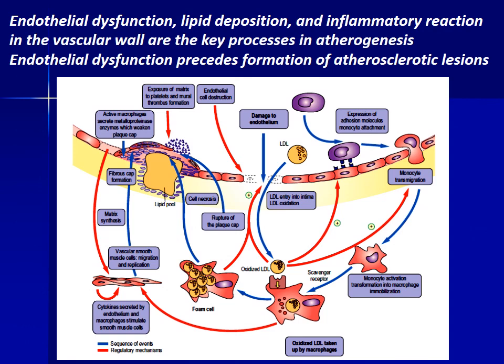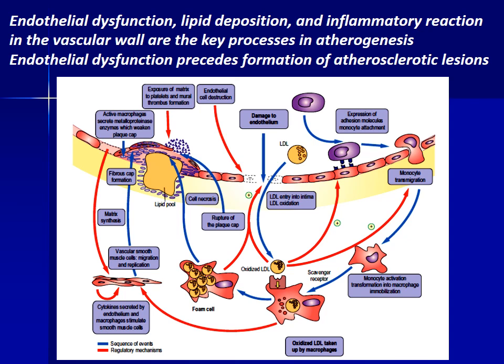Endothelial dysfunction, lipid deposition, and inflammatory reaction in the vascular wall are the key processes in atherogenesis. Endothelial dysfunction precedes formation of atherosclerotic lesions. Atherogenesis involves endothelial dysfunction, deposition of lipids in the arterial intima, low-grade inflammatory reactions, migration and proliferation of the vascular smooth muscle cells, and thrombosis.